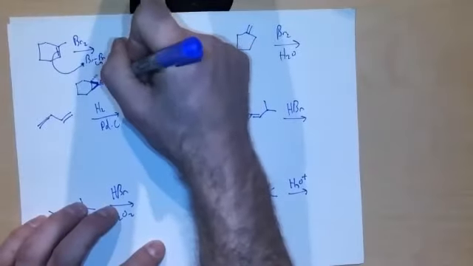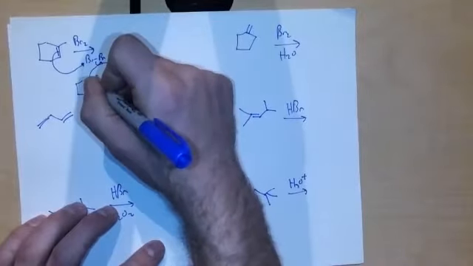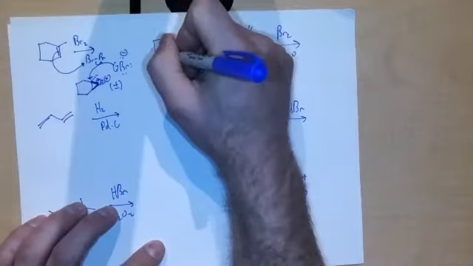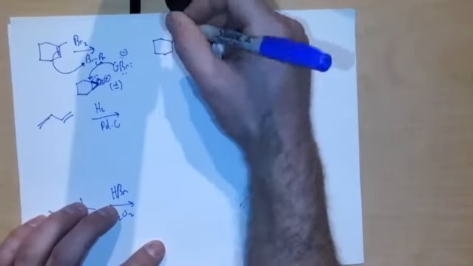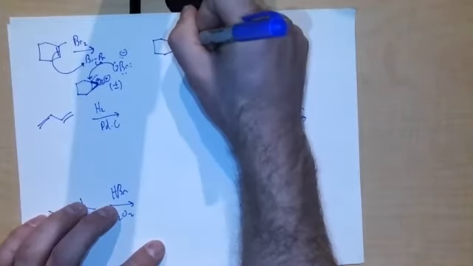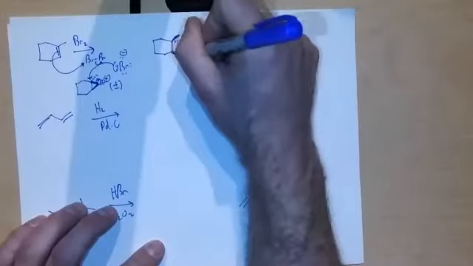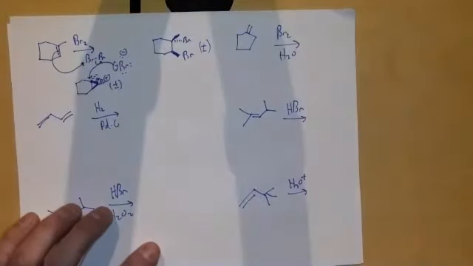It's going to attack at the more substituted center, doing an SN2, giving us an anti product. And you guys covered these reactions last semester, right?